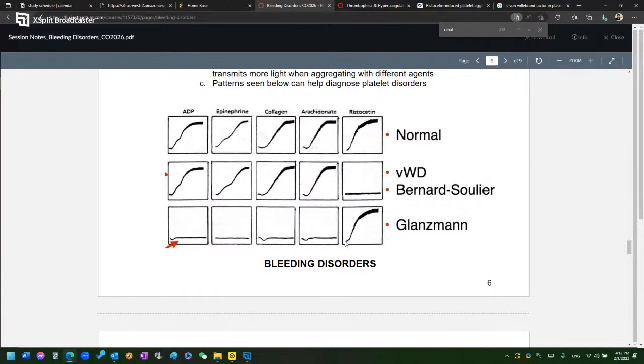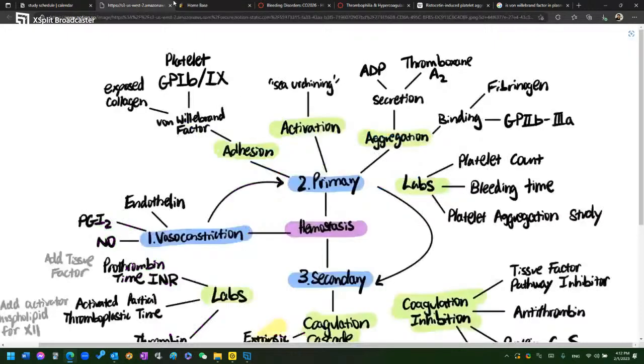I mean, it makes sense that you have a starting clot, you know? Ristocetin will help you start off. You have GP1B. Adhesion is working in Glanzmann thrombasthenia.